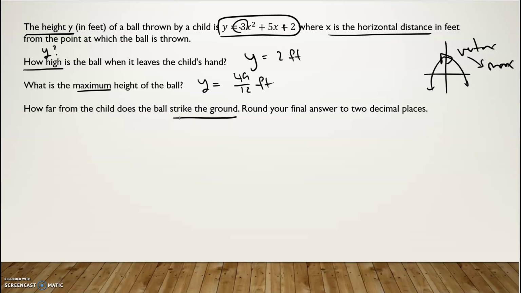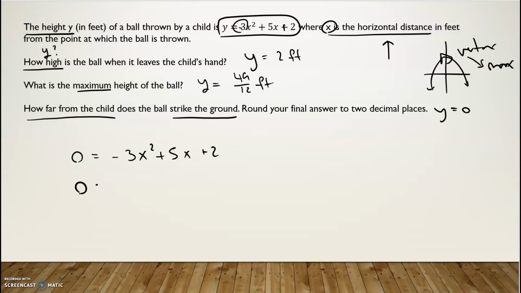So the height would be 0, which means y would be 0. We're looking for how far from the child, or the horizontal distance, which we know is x. So we're going to let 0 be y, and then we're going to solve for x.